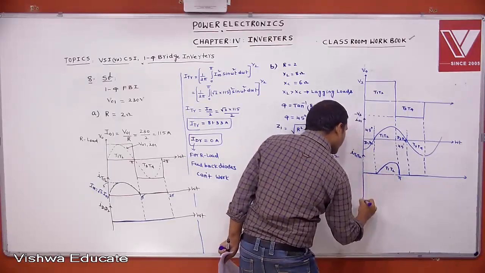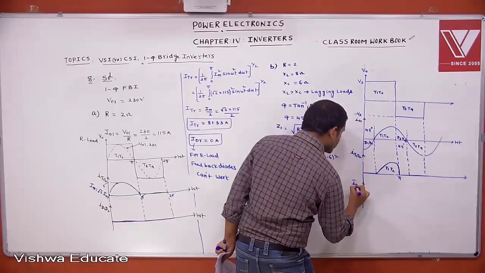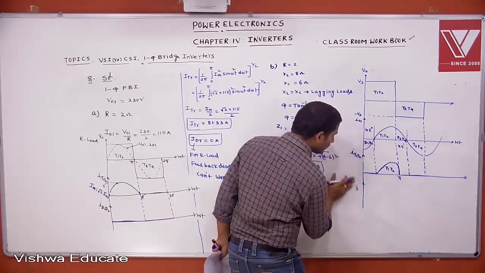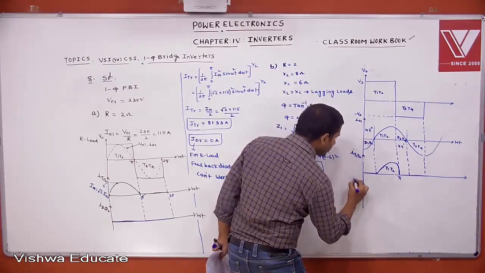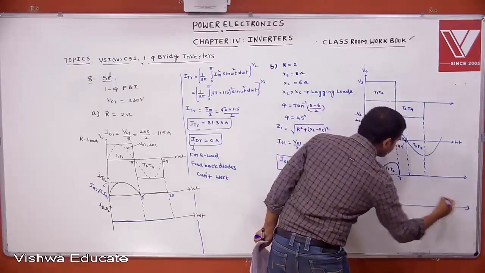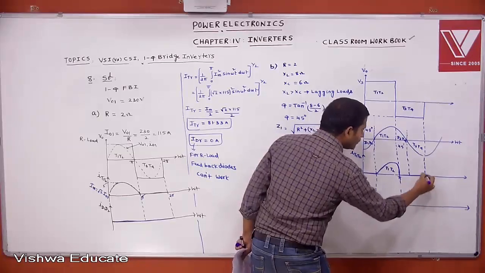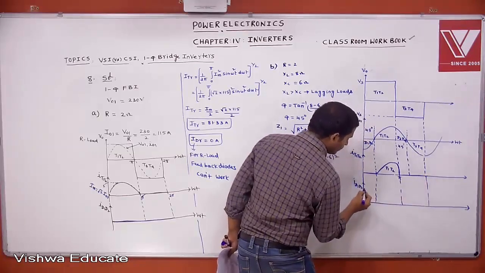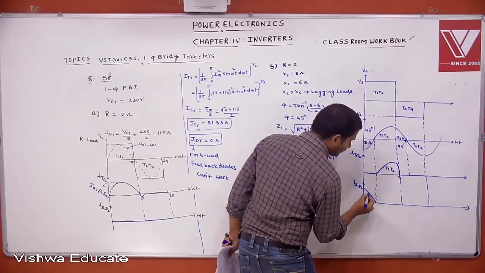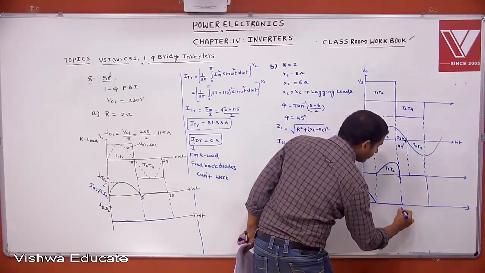If you draw the D1, D2 current waveform with respect to diodes D1, D2. Okay, this is D1, D2 conduction. This is pi.